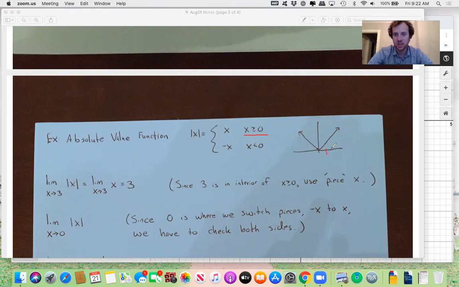Graphically, you can think of this as saying 3 is over here, and so around 3, we're always using x. Around 0, we're using both pieces, but around 3, we're only using the x piece.